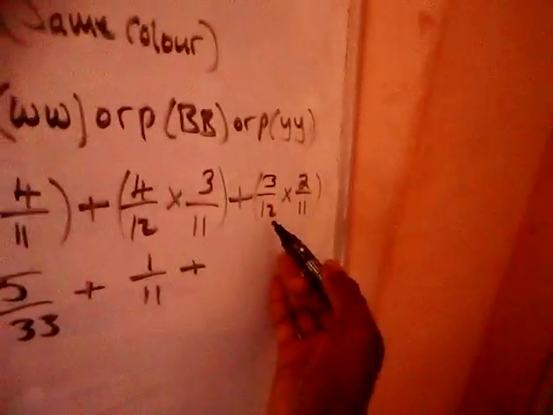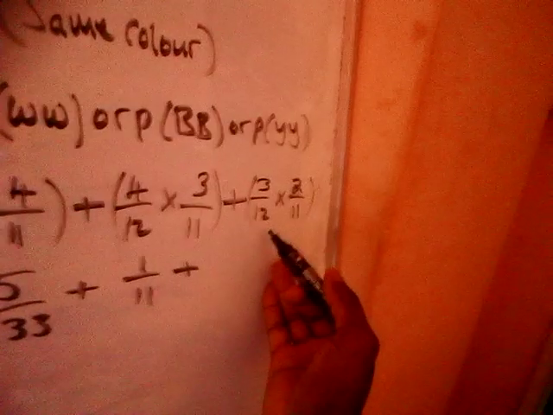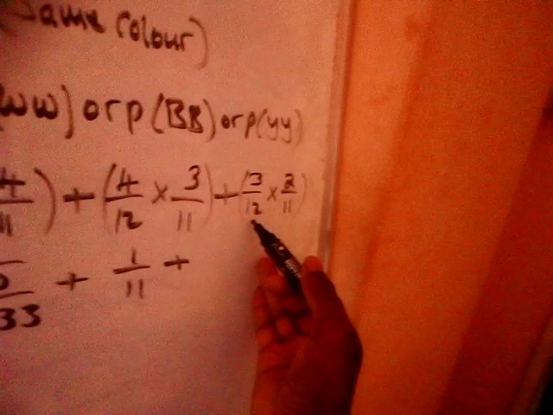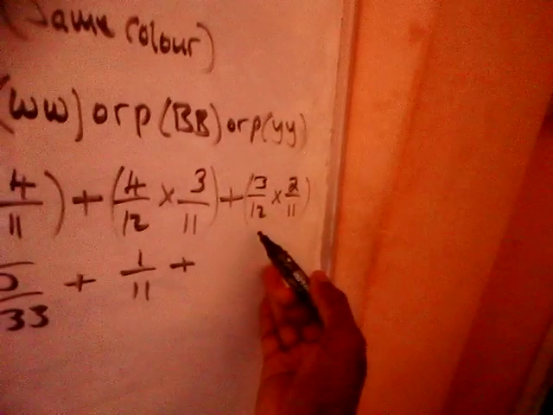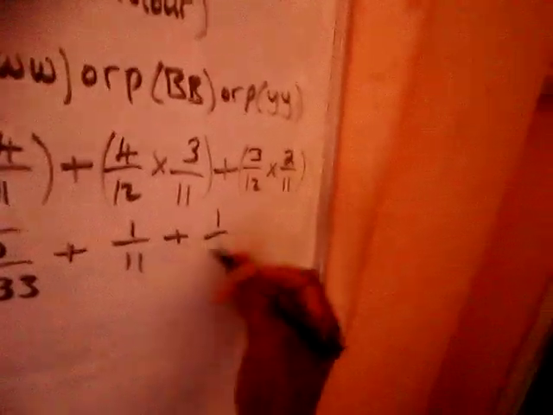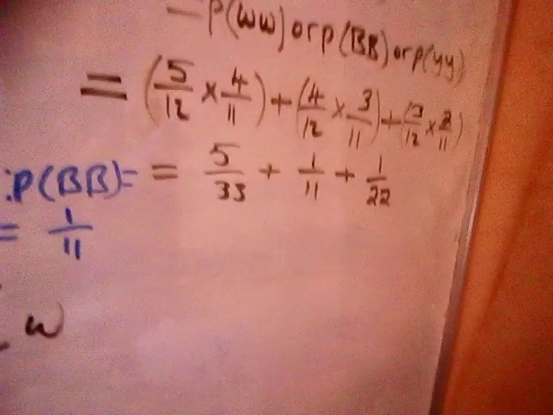In the last one, we have 1/6 times 1/2, and this will be 1 out of 22. Now we're going to simplify this particular probability and see what we're going to have.